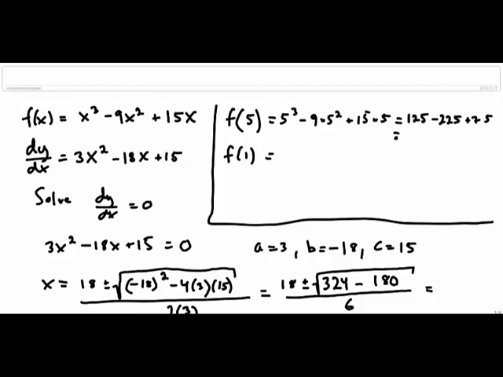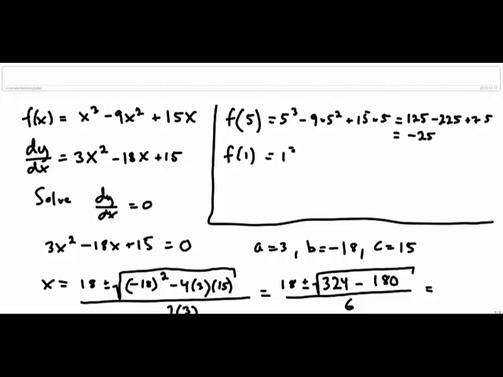So this and this makes 200, and 200 minus 225 is equal to minus 25. So that's the y coordinate when the x coordinate is 5.